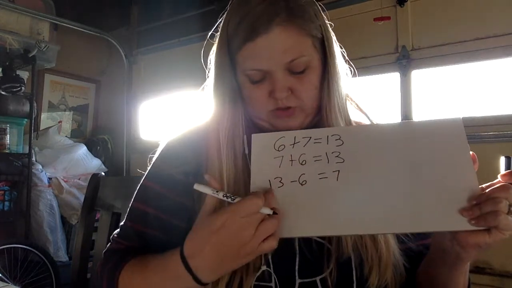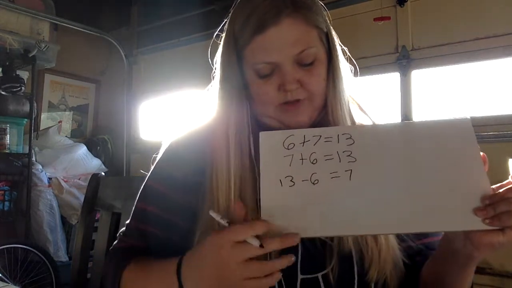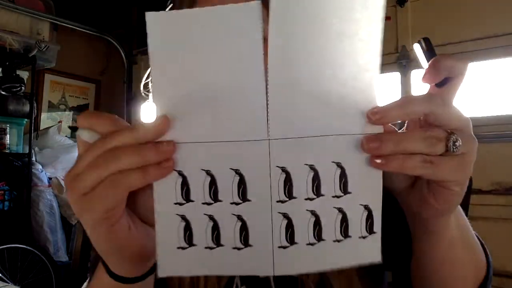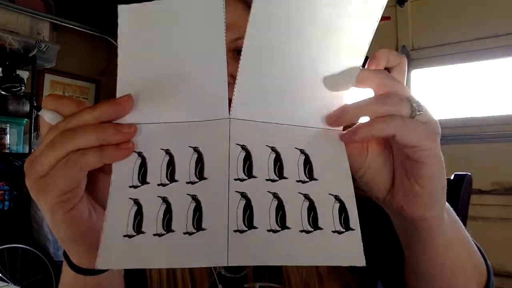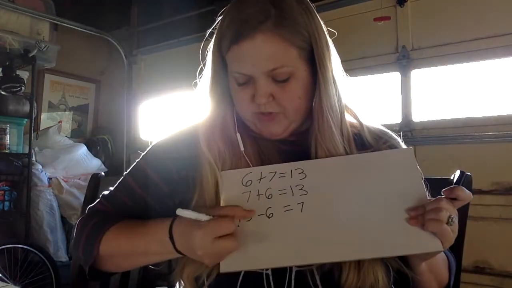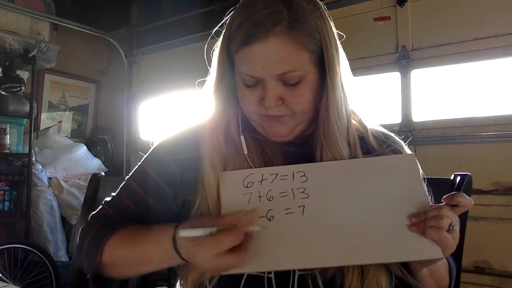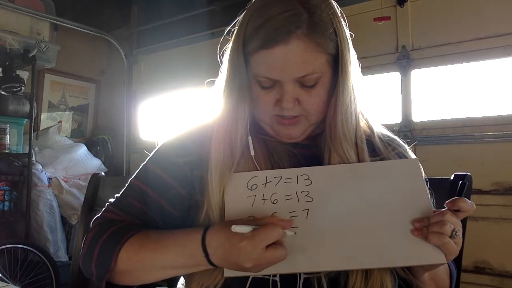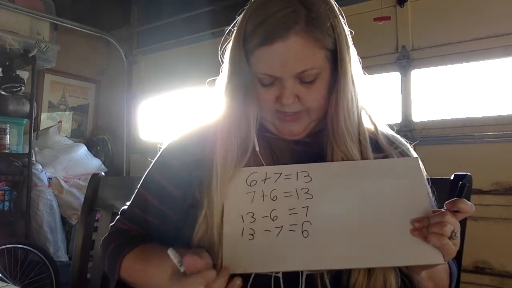And then your 7. 13 minus 6 equals 7. There's one more left. Let's try it. What happens if you take away the 7 first? So let's start with all 13. Take away the 7, and it equals 6. So let's do it. 13 take away 7 equals 6.